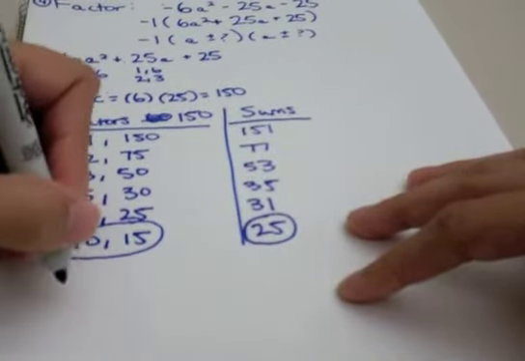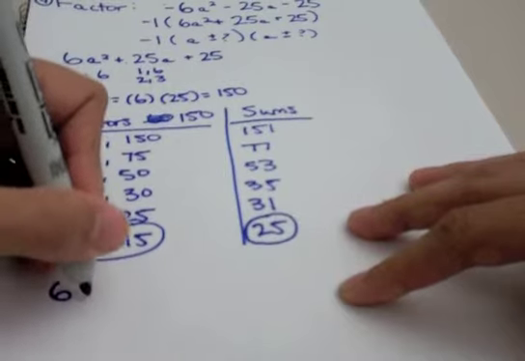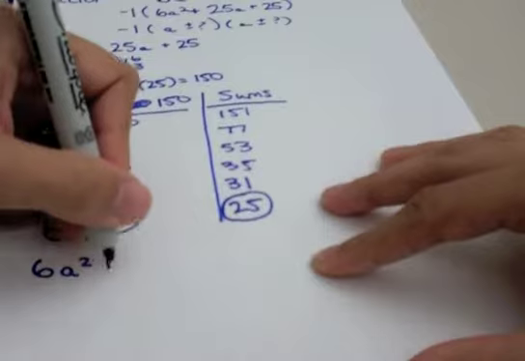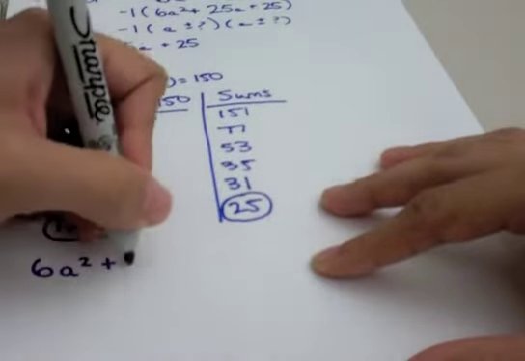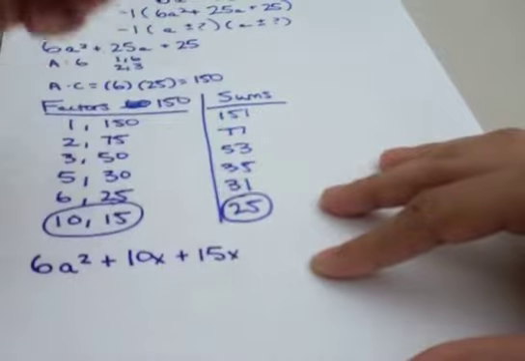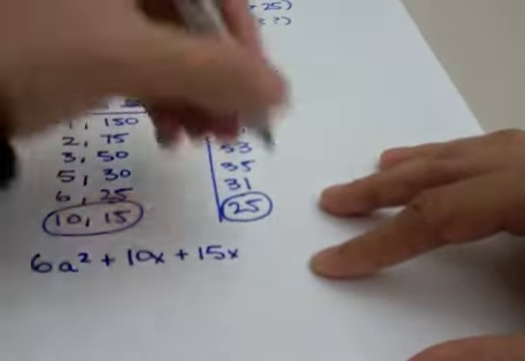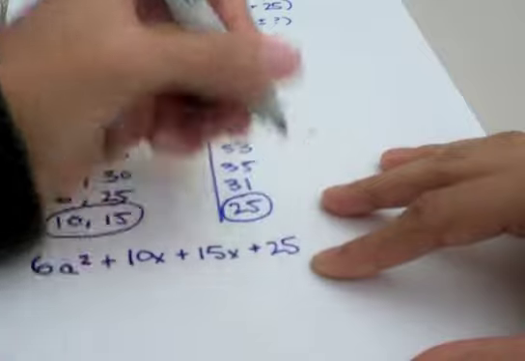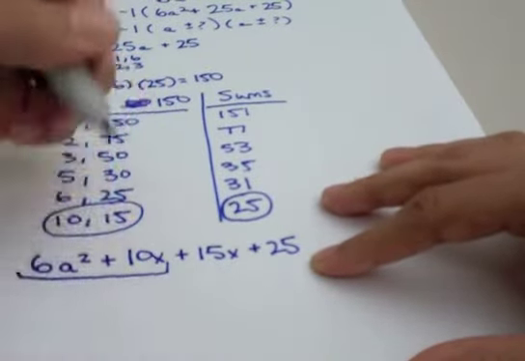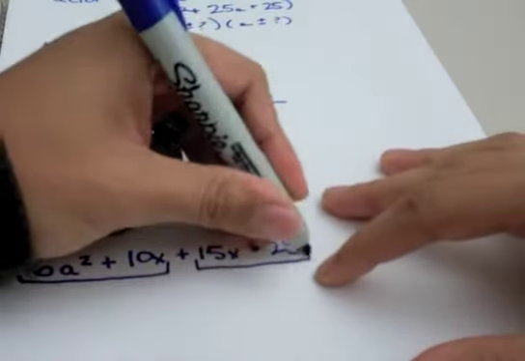So we'll have our 6a squared plus 10x plus 15x plus 25, which is just our c value. Break it up into groups, which is why we call it grouping.